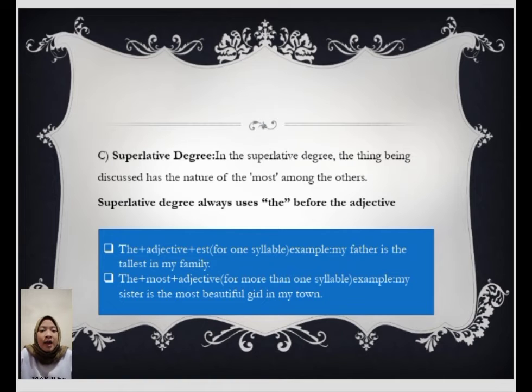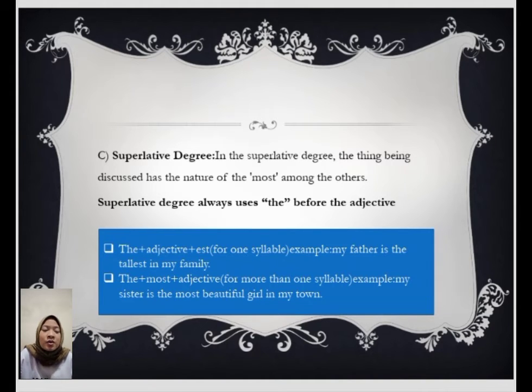Superlative degree also has two rules. Rule 1, the plus adjective plus est. This is for one syllable. Example, my father is the tallest in my family. In the sentence there is est because the adjective has one syllable.